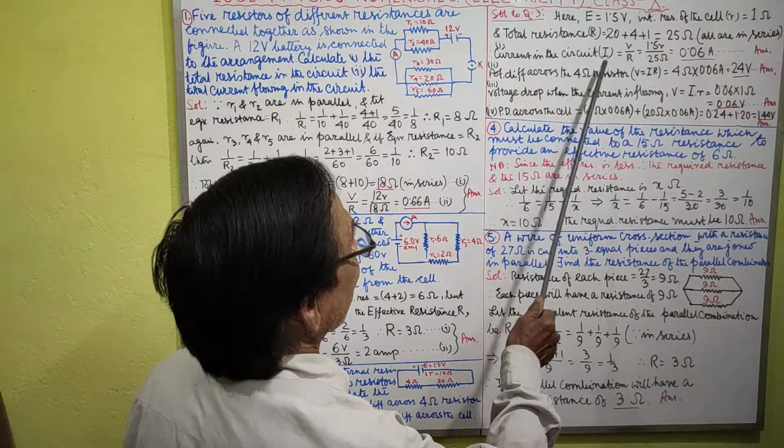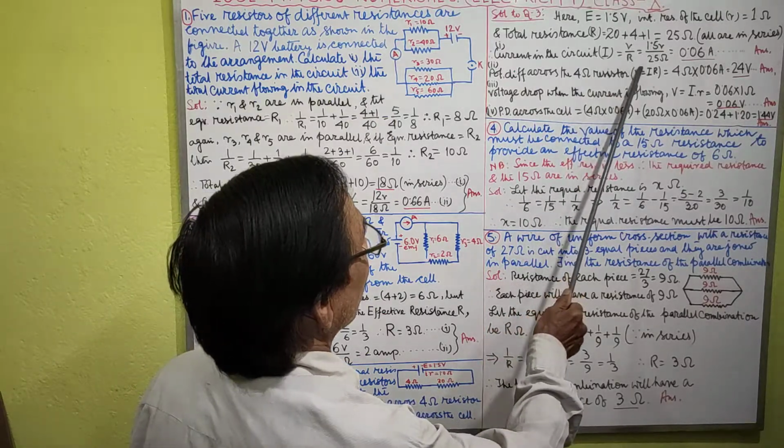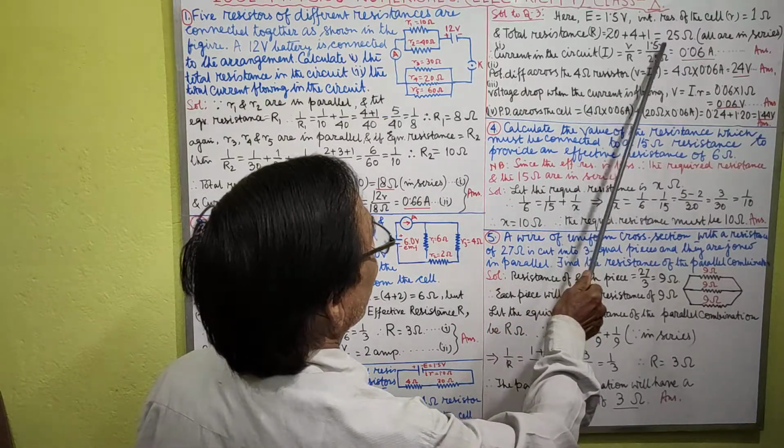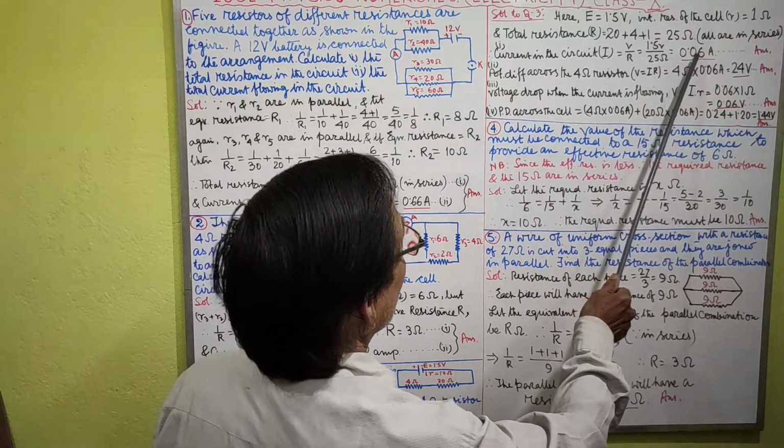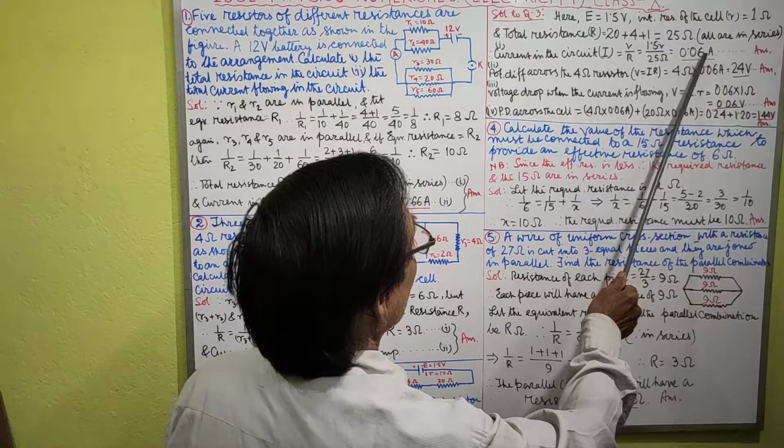And current in the circuit, I equal to V by R, we know. Therefore, 1.5 volt by 25, that is 0.06 ampere.